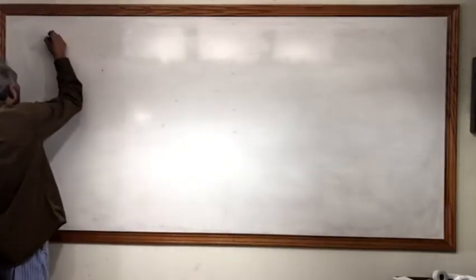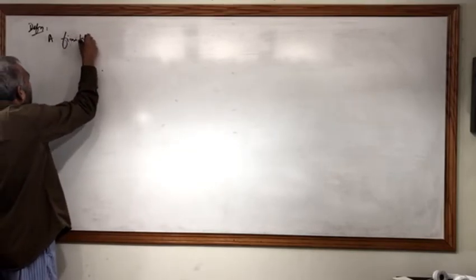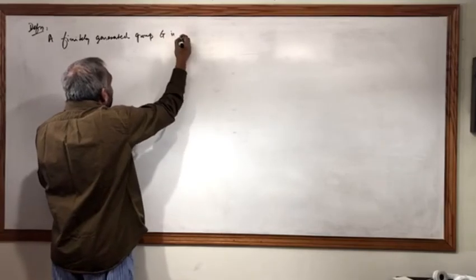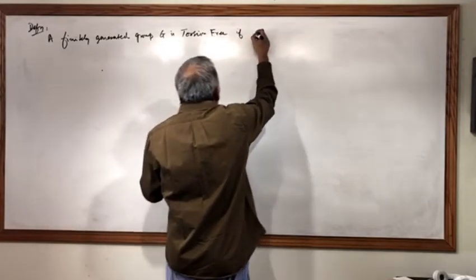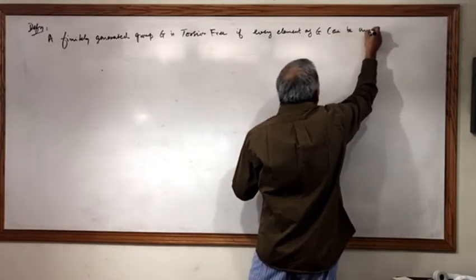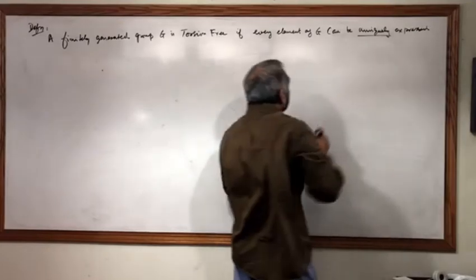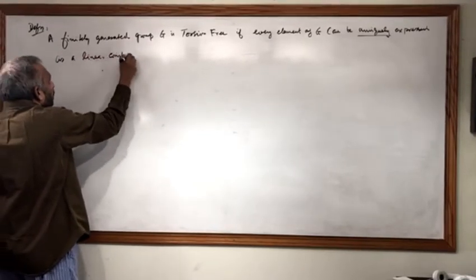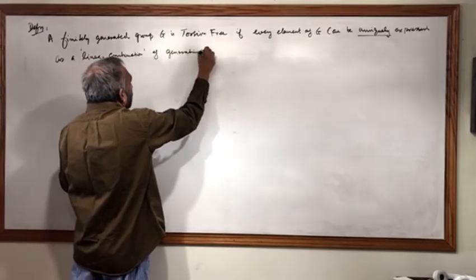A finitely generated group G is torsion-free if every element of G can be uniquely expressed as a linear combination of generating elements.